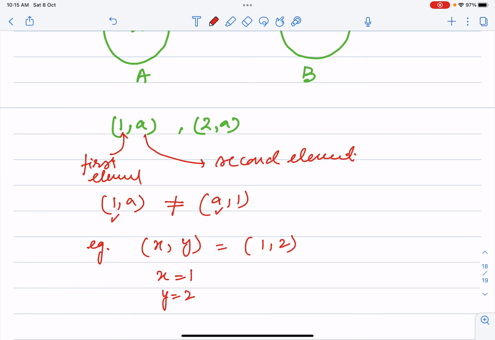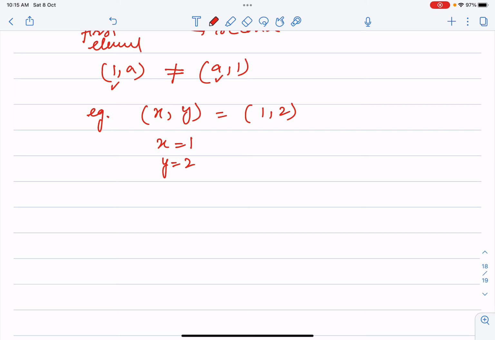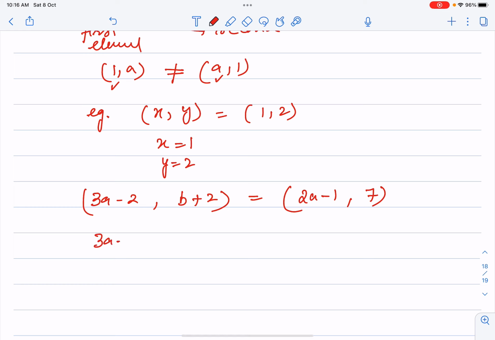So students, now let me take a small example. Suppose I write (3a minus 2, b plus 2) is equal to (2a minus 1, 7), right? If we want to find the values of a and b, what we will do: 3a minus 2 is equal to 2a minus 1.